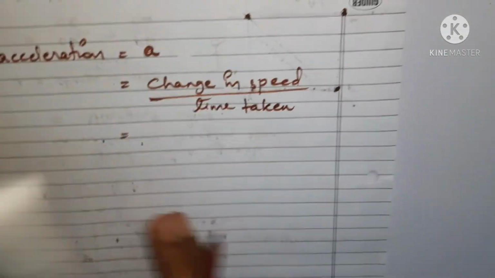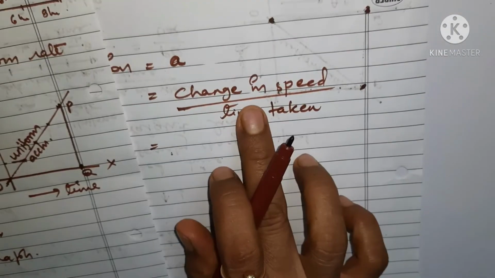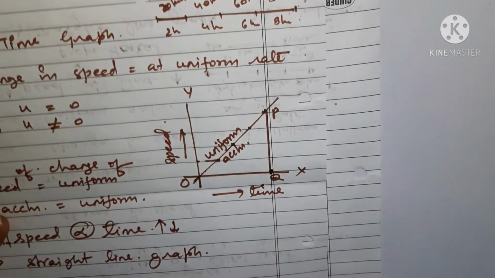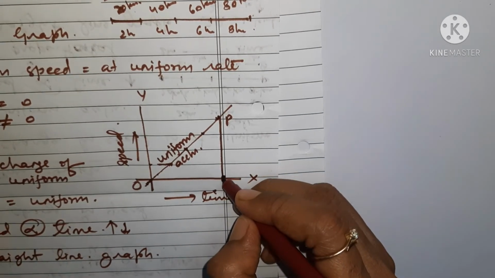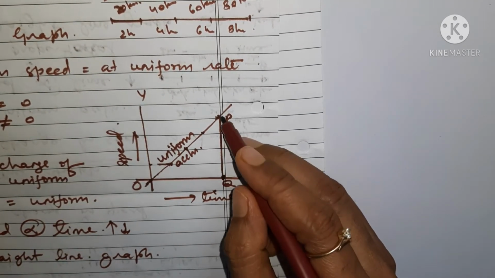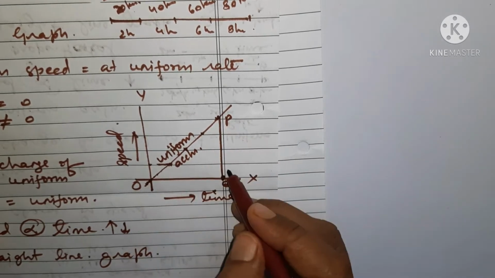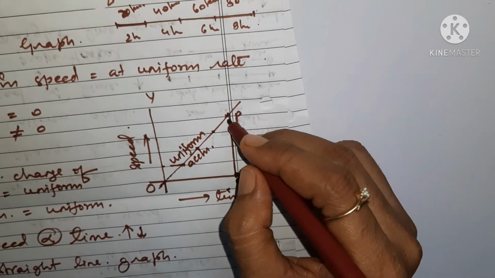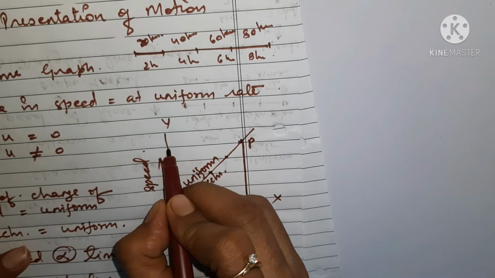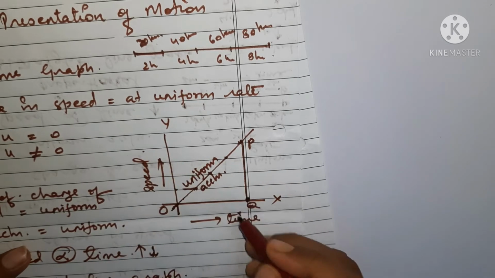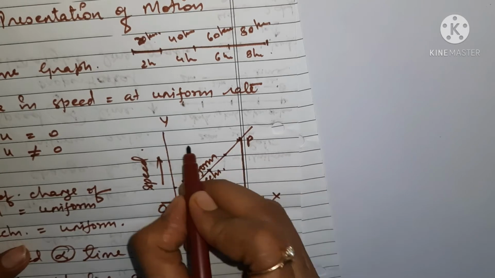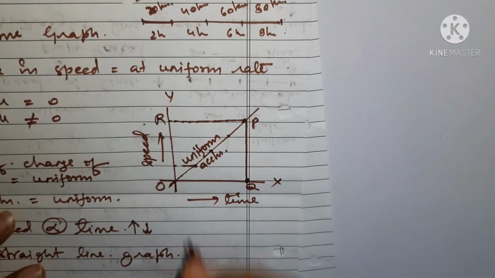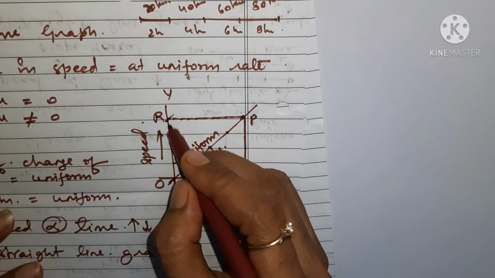Now what is going to be the change in speed from this graph? We have to find the value of change in speed. Now see, you can see this perpendicular has been drawn and we are getting one line over here, which meets this line at P. If we draw another line parallel to the time axis from this point P such that it meets the y axis, say at R, then from O to R you are getting the speed, right?